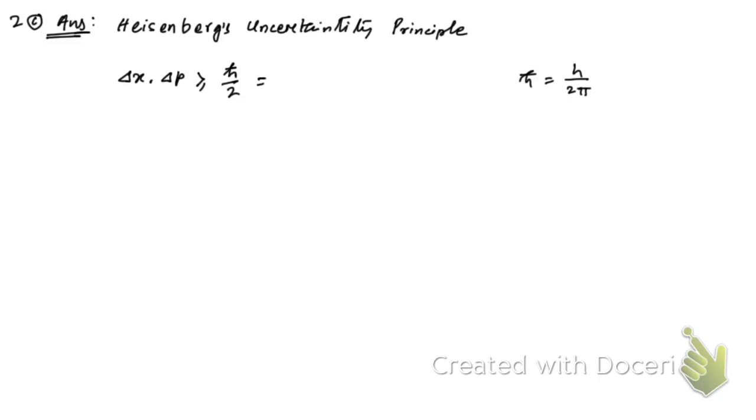So h cut by 2 is going to be h by 4 pi. Here delta x is the uncertainty in position and delta p is the uncertainty in momentum.